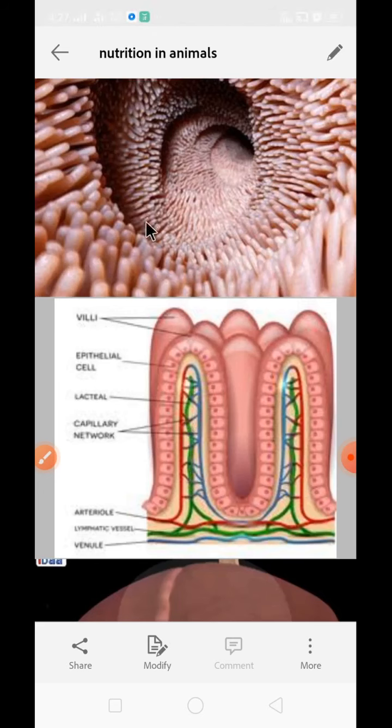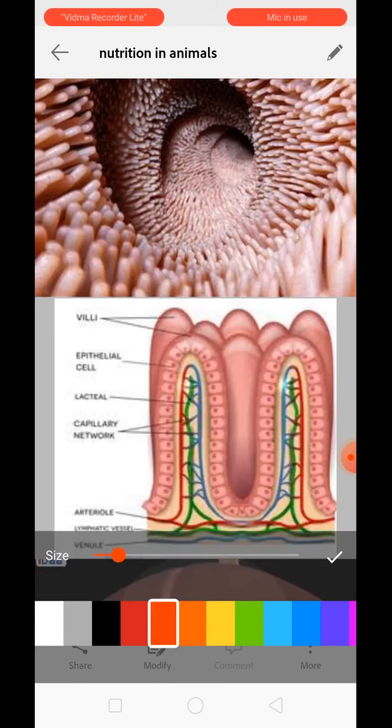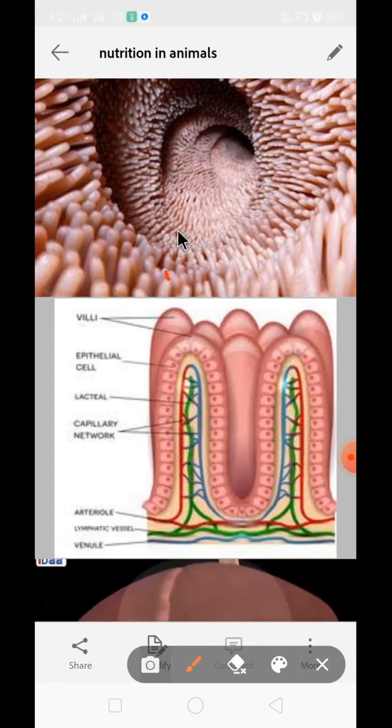So what happens is, the food from the lumen, this is the lumen of the small intestine, gets absorbed inside every small villus. The food which is present here will enter into all of these villi through the outer layer. And if we cut the villus like this, then this is the inner structure. So the food present in the lumen will enter inside the villi.